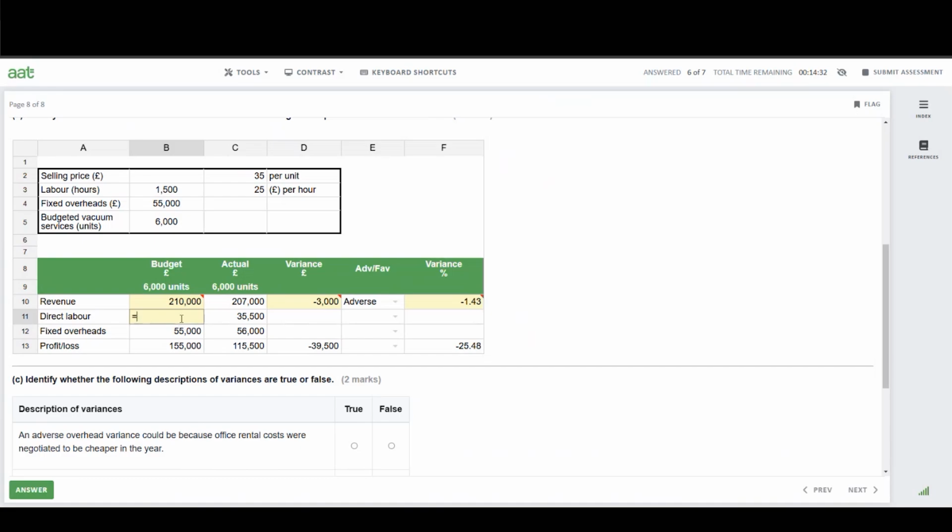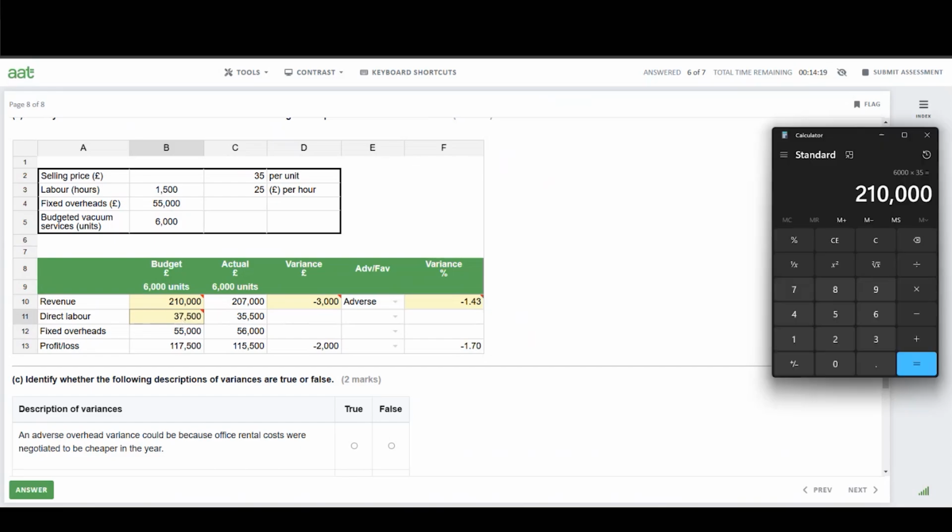So equals cell B3 multiplied by cell C3. So let's just double check that on our calculators. So 1,500 hours times by £25. Yeah, 37,500. So that's correct.